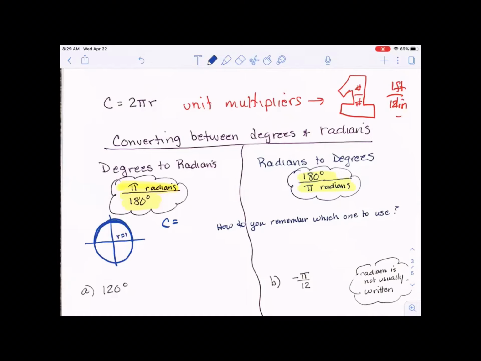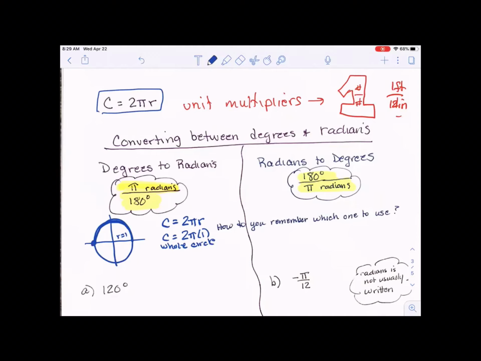We know the formula for circumference, which I put up here as a reminder, is 2 pi times the radius. If I do a whole circle with a radius of 1, the circumference is 2 times pi times 1. That's a whole circle, but I only want half a circle, because I'm going to stop right over here. I'll show you why in a sec.